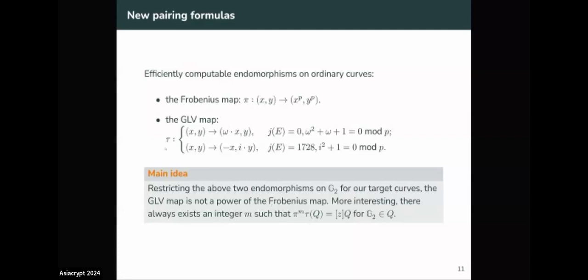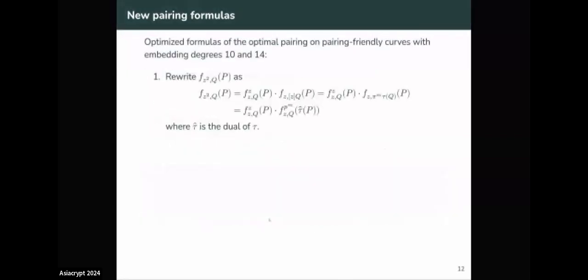So we can combine the 2 maps together to get a new map. And more interesting, there always exists an integer m such that the action of pi^m after tau corresponds to a scalar z. Based on this observation, we can get a new pairing formula.